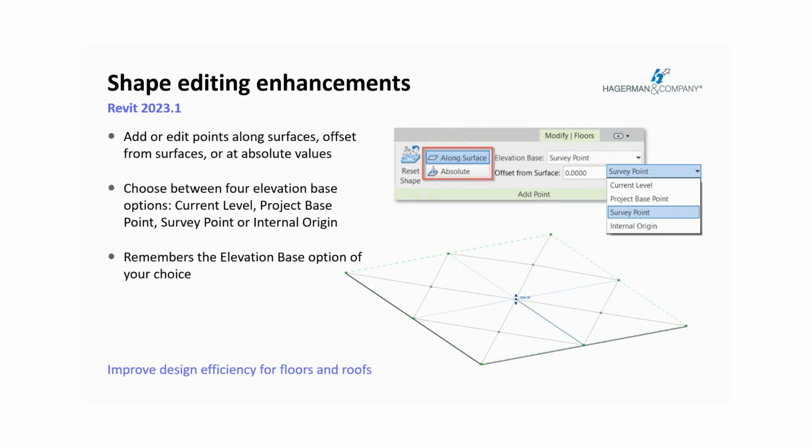When using shape editing tools, you can now add points along surfaces, offset from surfaces, or at absolute values from the elevation base of your choice, improving design efficiency for floors and roofs. I think this is a great addition because before, our values all had to be offset from the surface itself.